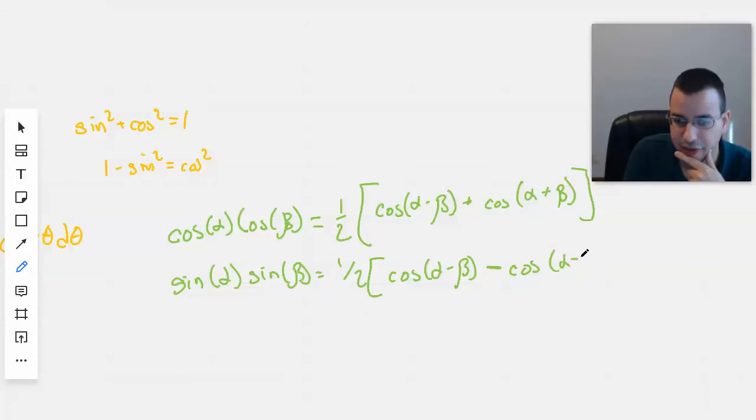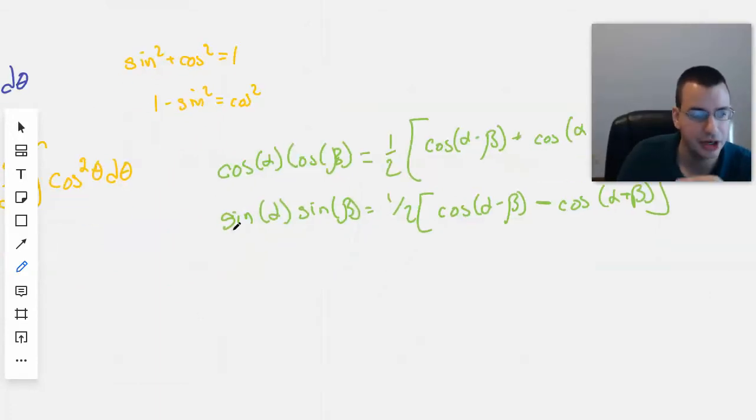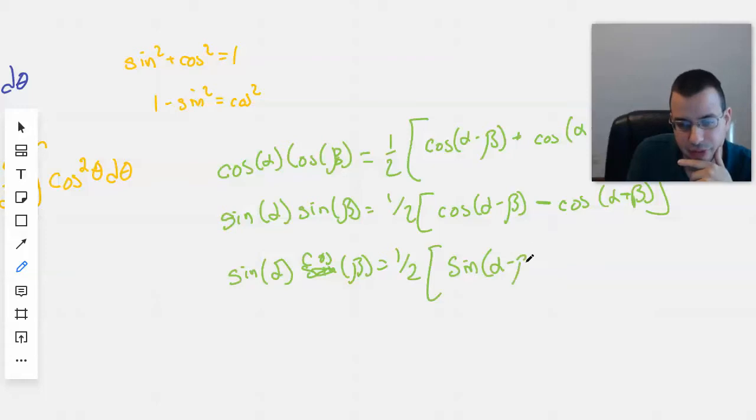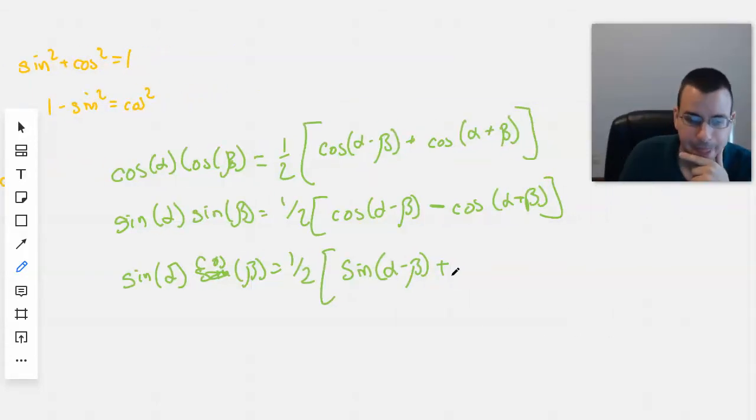And then we have one sine and one cosine: sine of alpha times cosine of beta. Then we change to sines. Sine of alpha minus beta plus, like the first one again, sine of alpha plus beta.